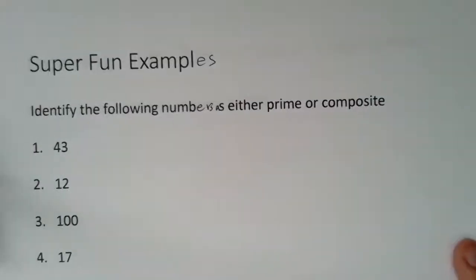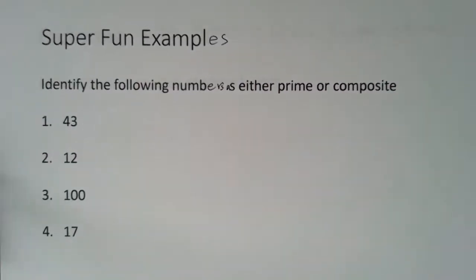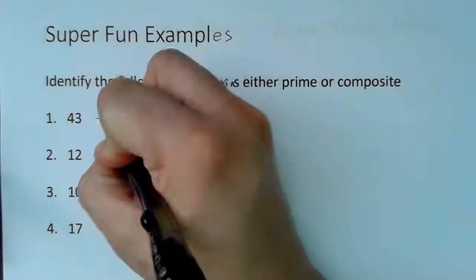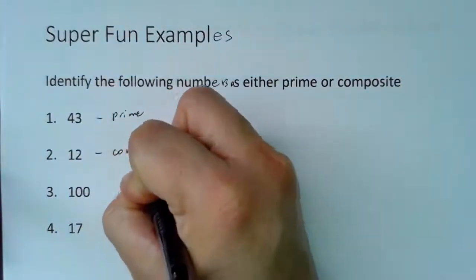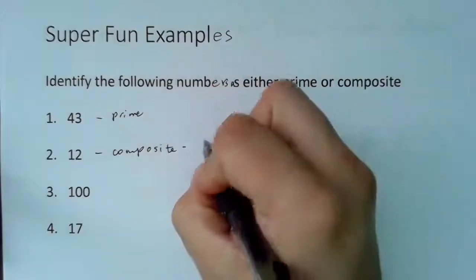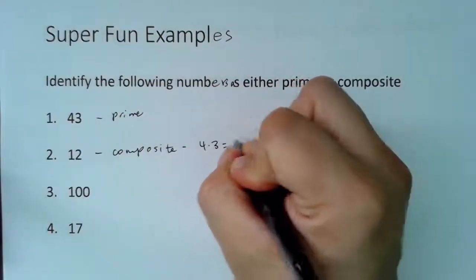Okay. Let's do some super fun examples. So either these numbers are prime or composite. Take 10 seconds and see if you can tell me whether each is prime or composite. Okay, so 43 is prime, nothing else divides it other than itself and 1. 12 is composite because 4 times 3 is equal to 12, right?